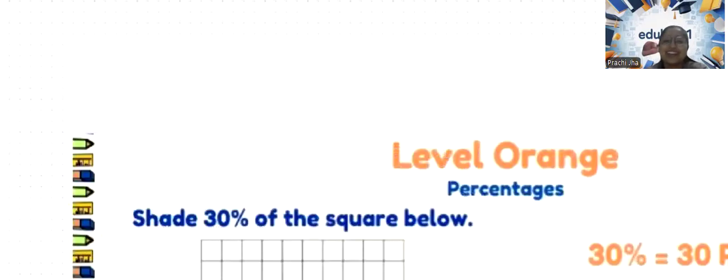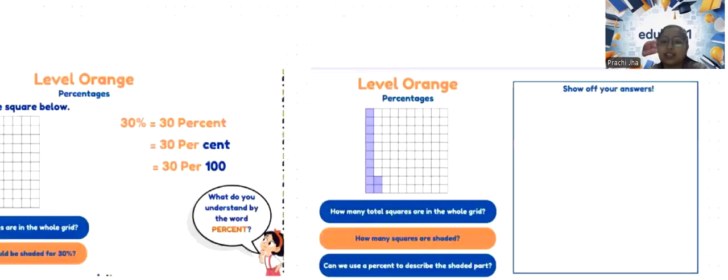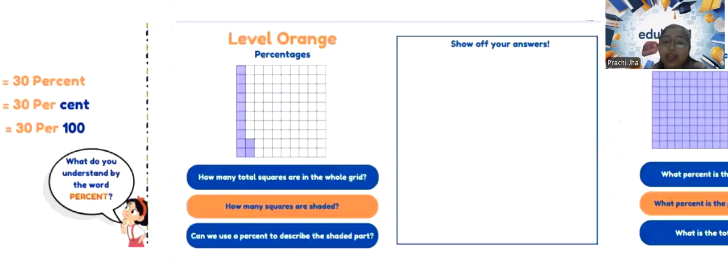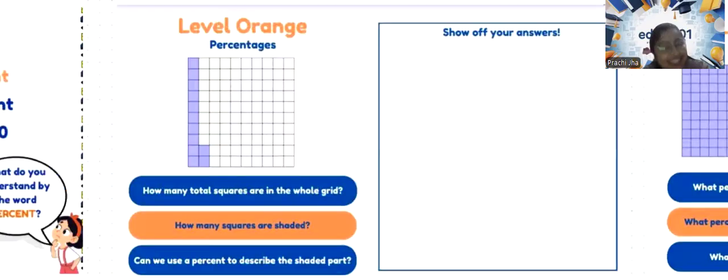Exactly. Now, if we look at this one, how many total squares are in the whole grid? Let's first identify. Again, it's a 10 by 10 square, so that's going to make it 100. There are a total of 100 squares in the whole grid.